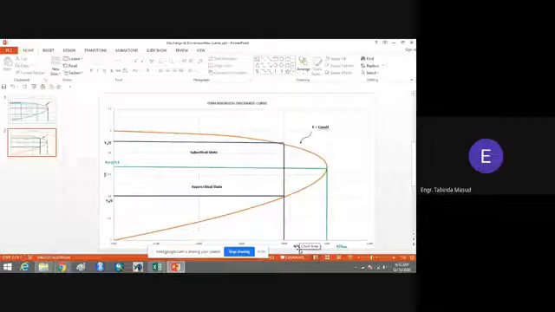You can use the dimensionless discharge curve. If you have the value of q divided by q1, then you can find the values y2 divided by e and y1 divided by e. And if you have the value of e also, then you can find y1 and y2. That is, you can find the values for the alternate depths of the flow.